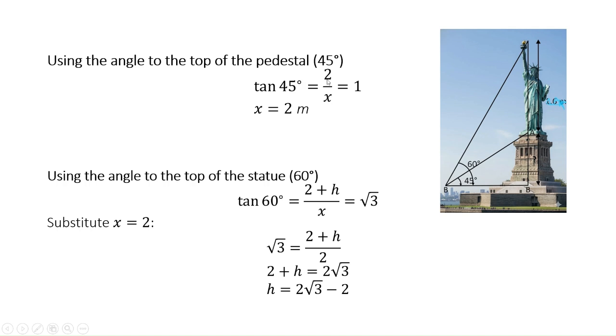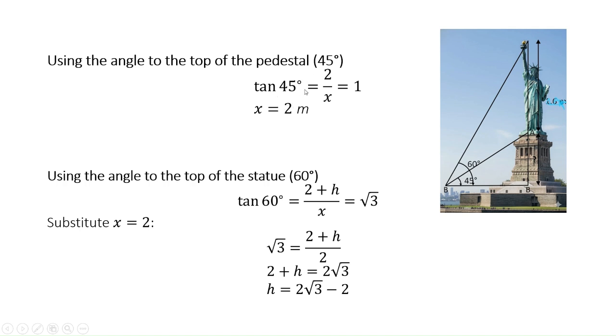The opposite side is the height of the pedestal, because we are considering the angle of elevation to the top of the pedestal only here. And x is the distance between the bottom of the pedestal and the point of observation.